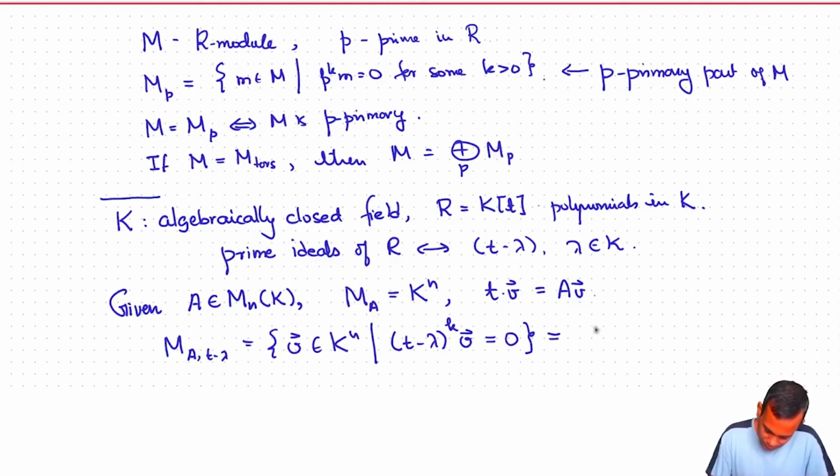So we usually denote it by V_lambda, and it's called the generalized eigenspace for lambda.